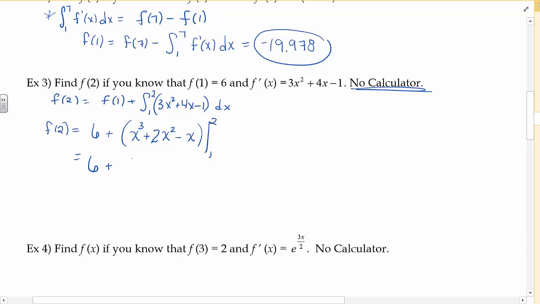So I have 6 plus 2 cubed, which is 8, plus 2 times 2 squared minus 2, minus, now I'm going to plug in 1. So I have 6 plus 8 plus 8 minus 2 minus 2. So I have 6 plus 8 is 14, plus 8 more is 22, take away 2 is 20, take away 2 is 18.